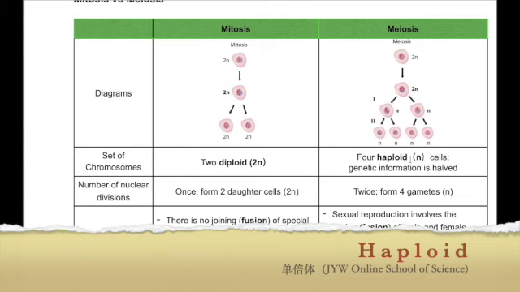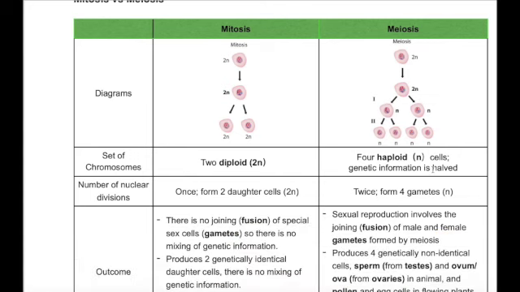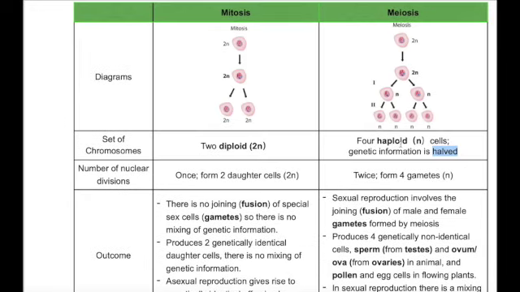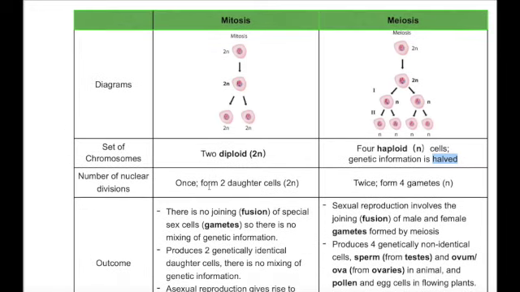So it's one N. So genetic information at this point is halved. So that is meiosis. Therefore, the number of nucleus divisions for mitosis is only once, but for meiosis twice. As a result, mitosis forms two daughter cells, whereas meiosis forms four daughter cells.